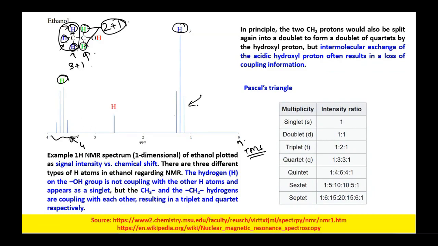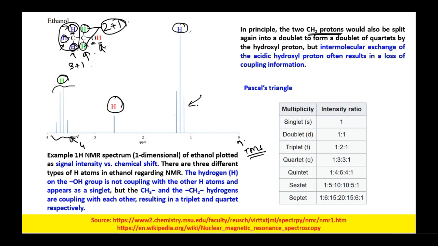Now for this hydrogen atom, in between we have this oxygen and this hydrogen. Another important thing: we would have expected that for this CH2 protons, these green ones, we have 4 peaks.